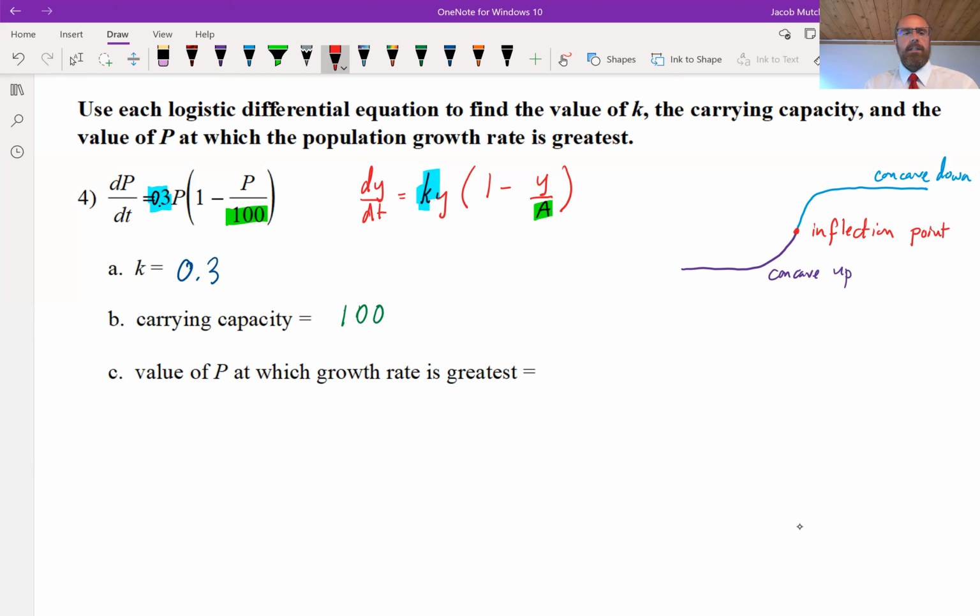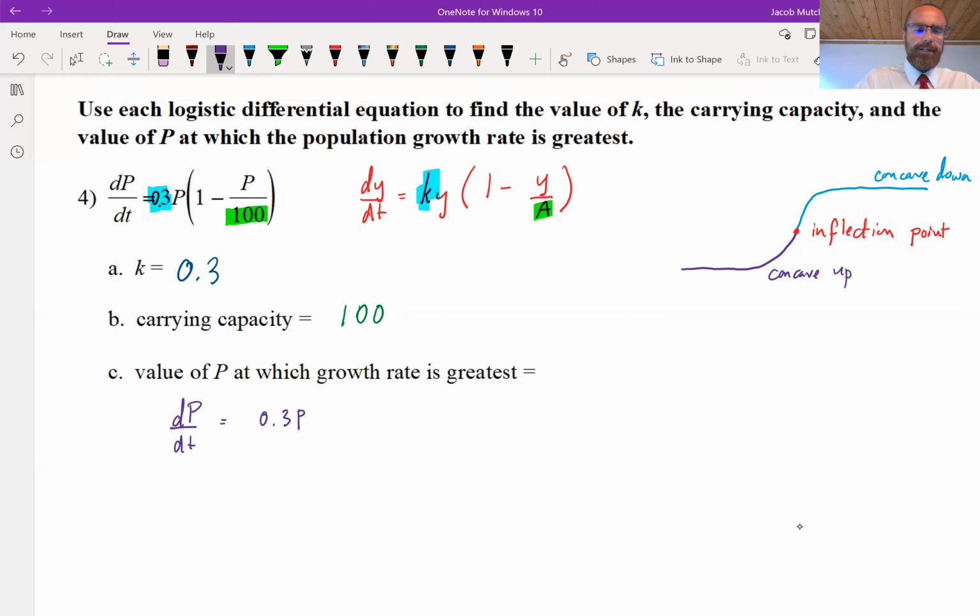Well, we would take the second derivative. So if I've got the differential equation here, it's already the first derivative of the original function. So all I need to do is take the second derivative, which is just take the derivative of the differential equation. So let's do that. So we're working on dp/dt equals 0.3p.